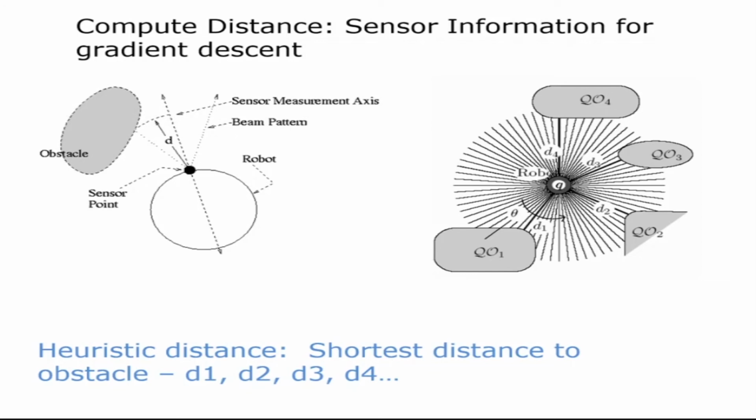The right side gives us an example. We have a robot q here, and there are obstacles q1, q2, q3, q4. The ultrasonic sensor can scan, let's say, from 0 degrees to 360 degrees, and it gives this distance metric. Finding this distance metric, the robot can compute at that point what is the repulsive force it is subjected to from the various obstacles.